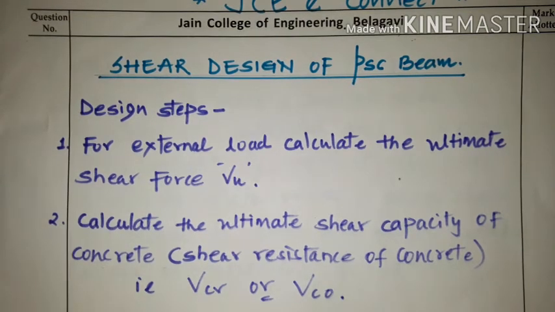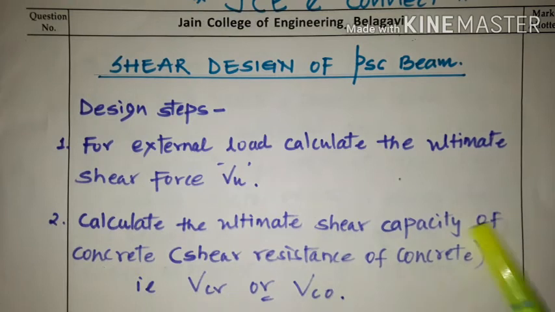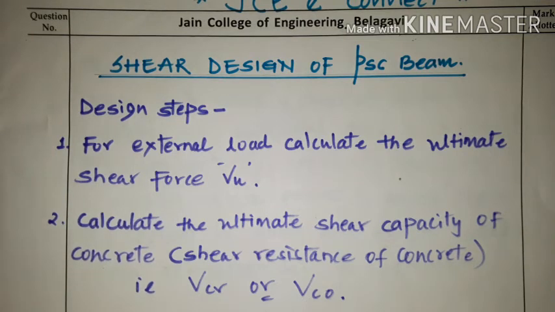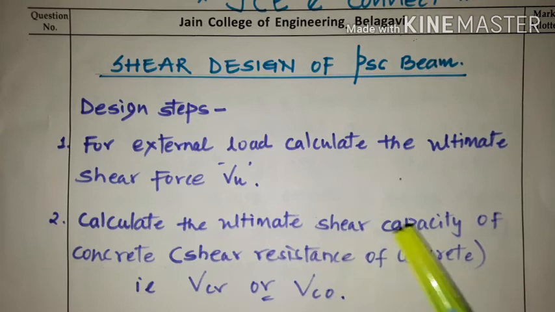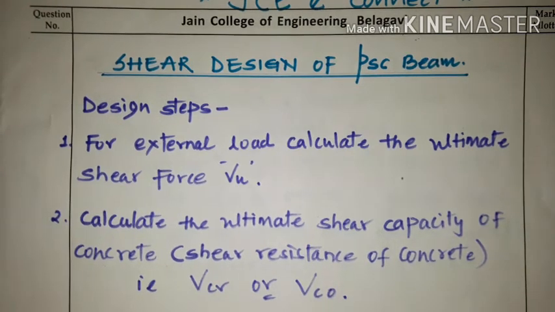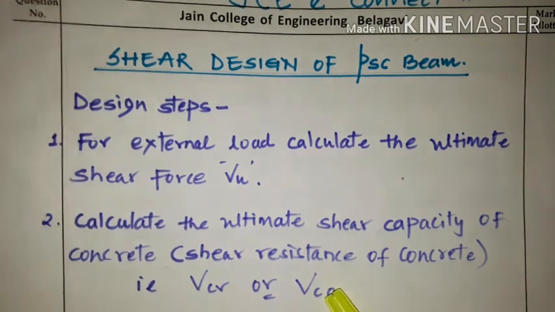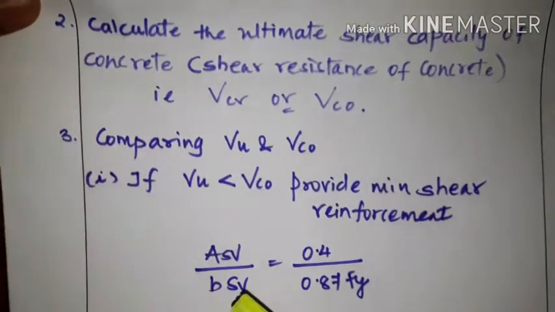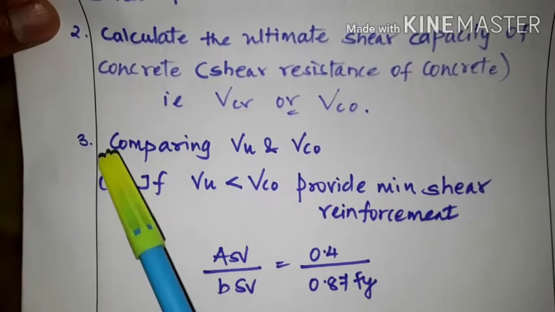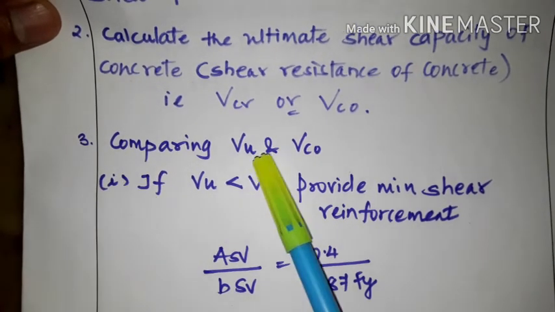Then the second step is calculate the ultimate shear capacity of concrete or the shear resistance of concrete, that you have discussed in the previous session. That is nothing but VCR or VCO.